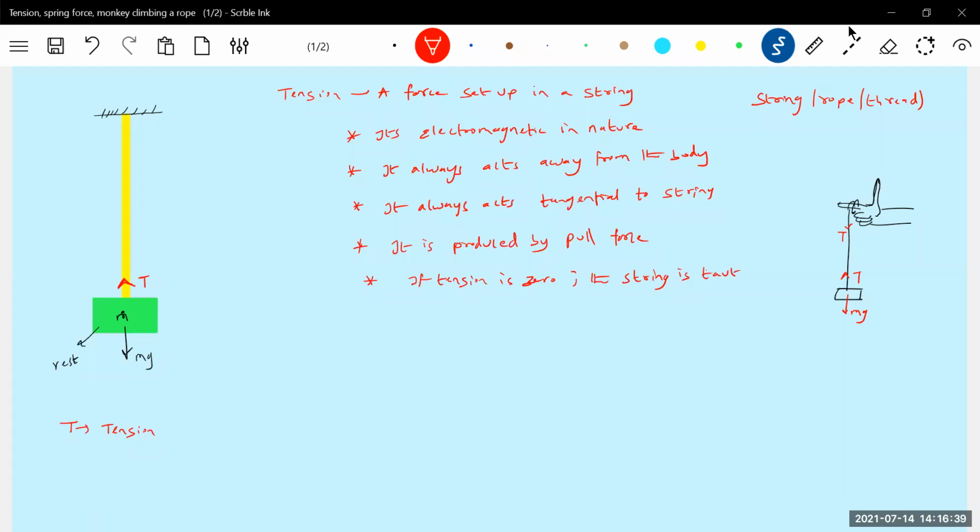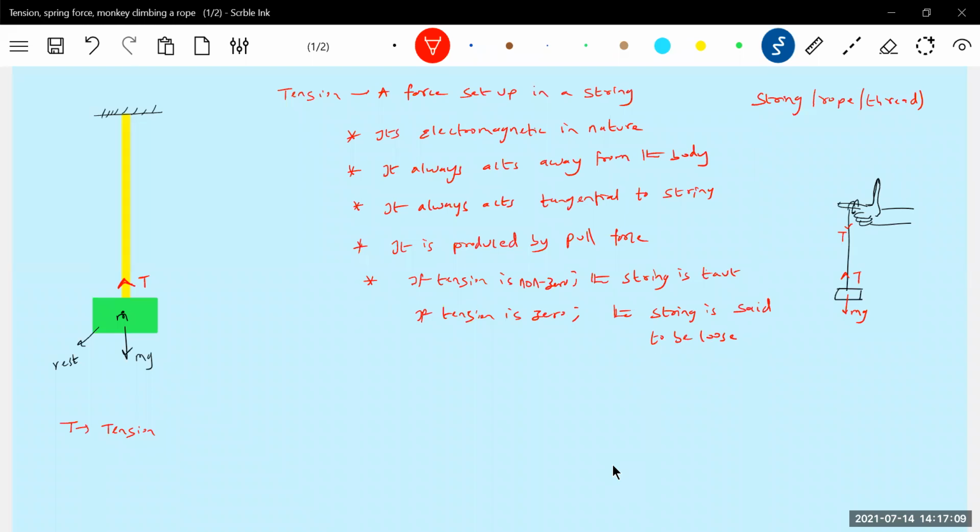If tension is 0, the string is said to be loose. There's one basic condition that we are defining.